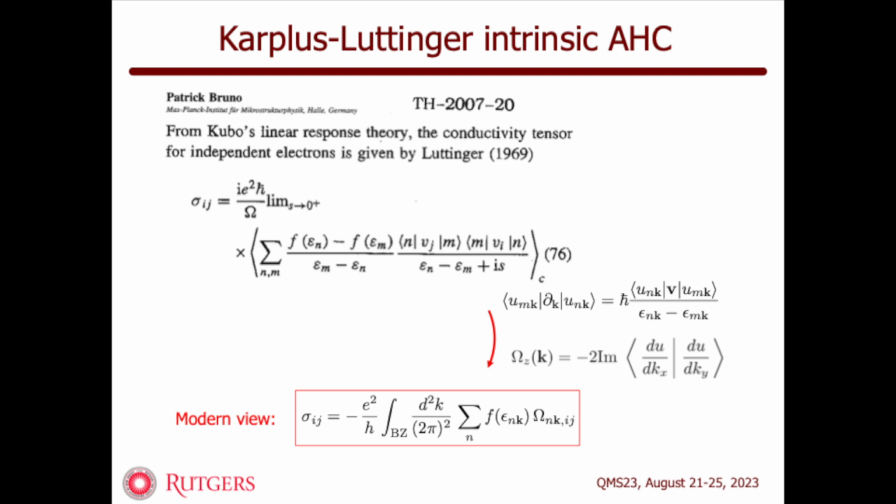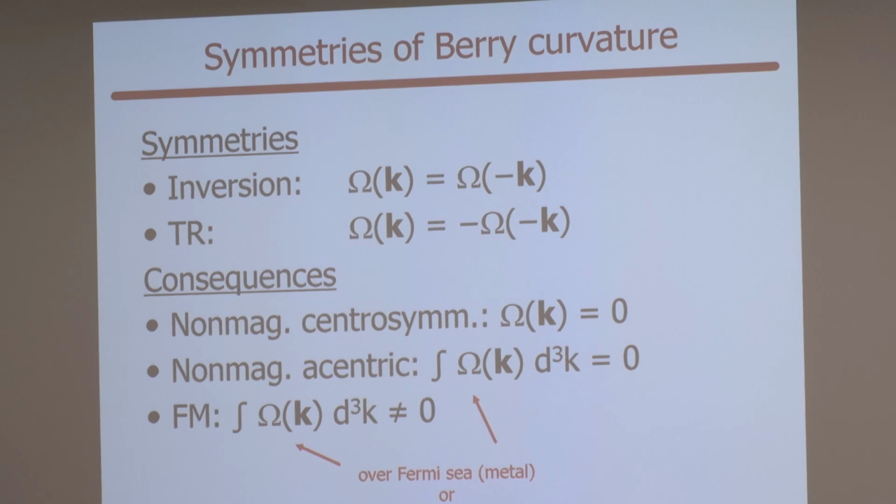So this was quite controversial because, as I said, there's no scattering, there's no relaxation time. It doesn't fit into the usual picture of Boltzmann transport. It's something that gets added on top of that. There will, in addition, be defect contributions, so-called skew scattering and side jump scattering, to the anomalous Hall conductivity, which will dominate in some cases and not others.